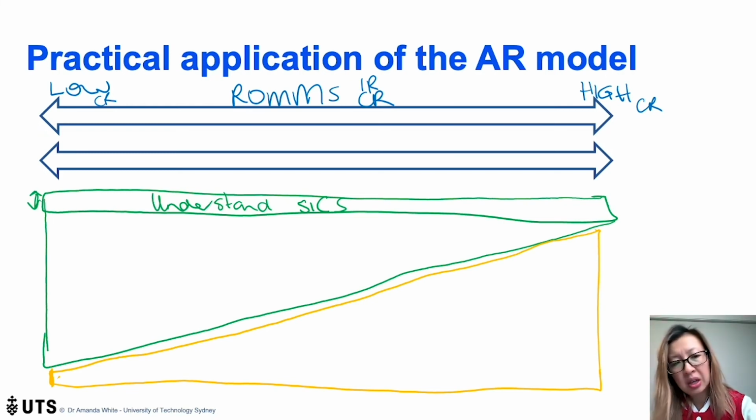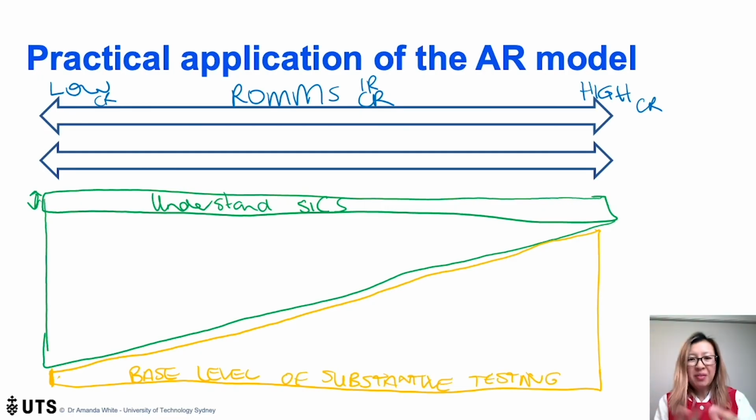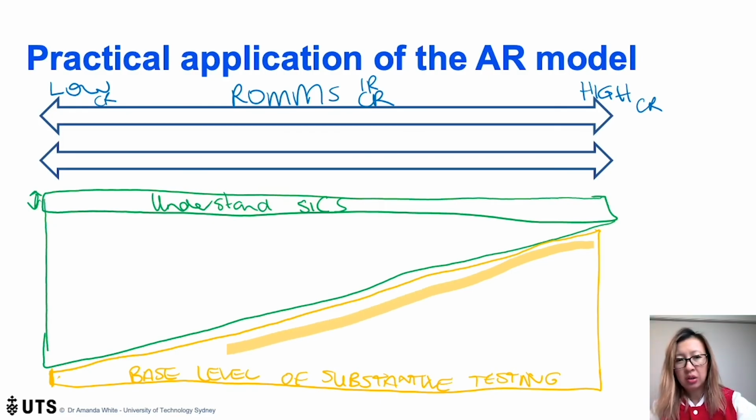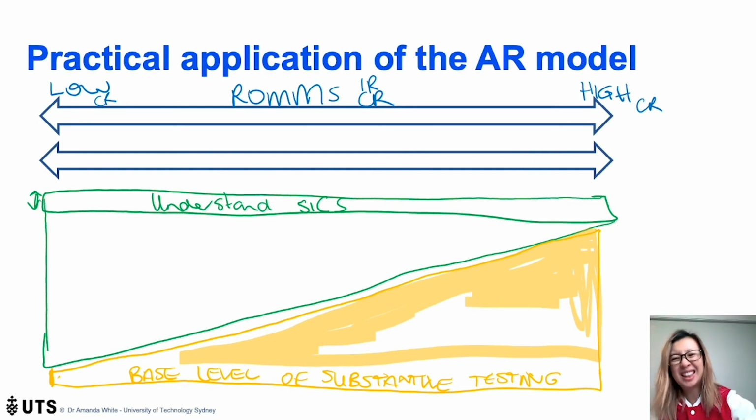So at the base here, we have a base level of substantive testing, and then on top of that, we sort of have the rest. I'm trying to color this in, but it's not going to look very pretty. You get the idea.